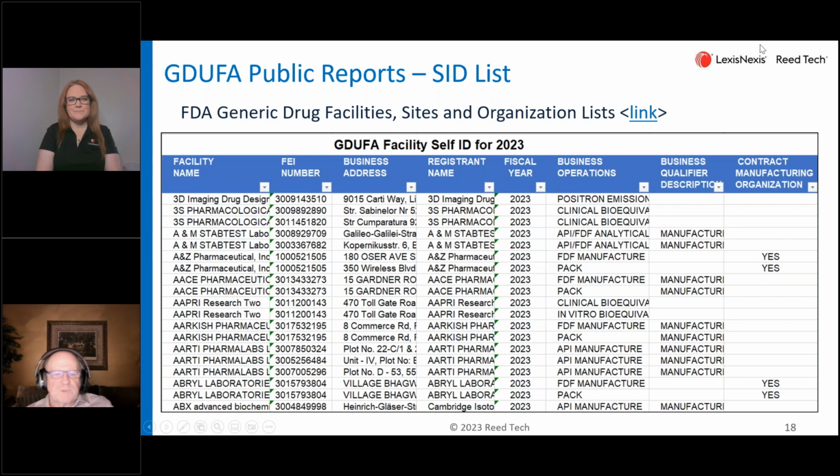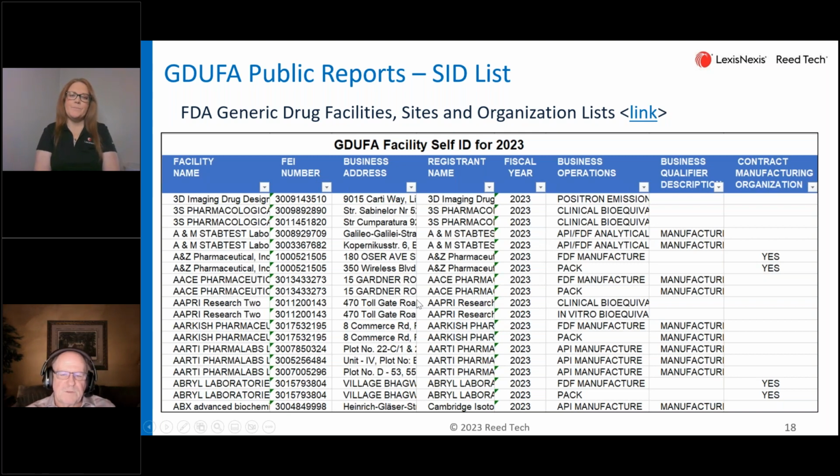I just picked this up recently for the fiscal year of 2023. You can see the facility name, the FDA establishment identifier, address, registrant, and so on, and business operations are all charted and made public.